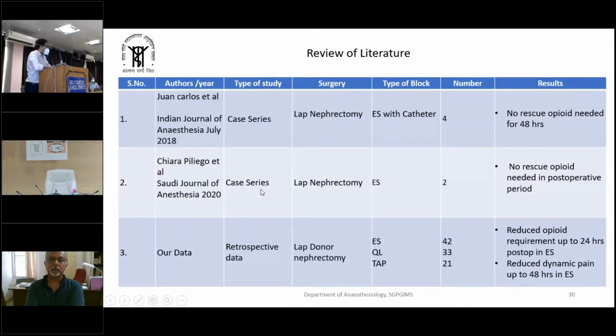For erector spinae, since it is a relatively newer block, we did not find any randomized controlled trials. However, we did find a few case series done in patients undergoing the same surgery, that is laparoscopic nephrectomy.